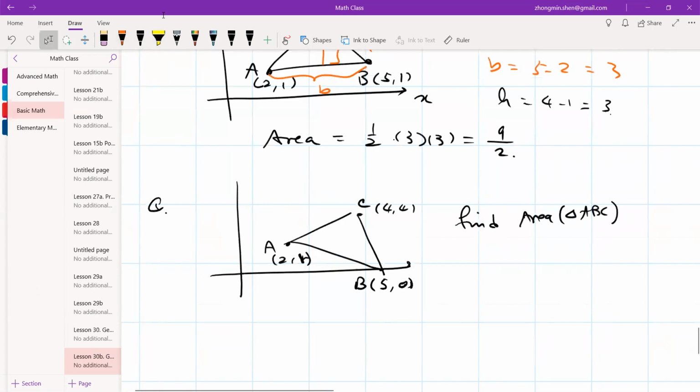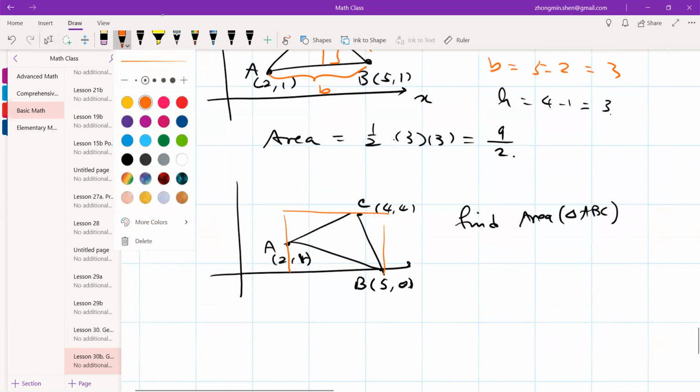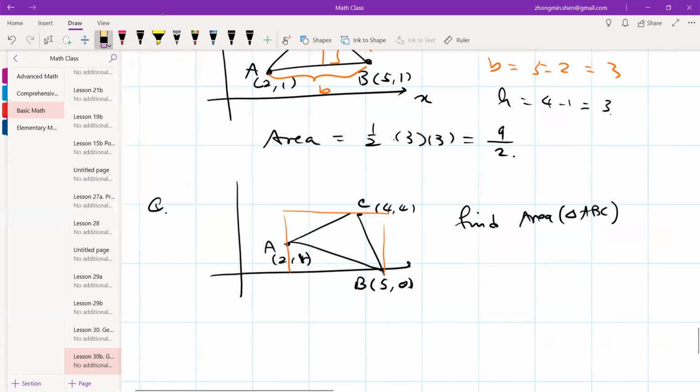One way is to draw a rectangle. Then you get that. That's my hint. I stop here and give you a minute.